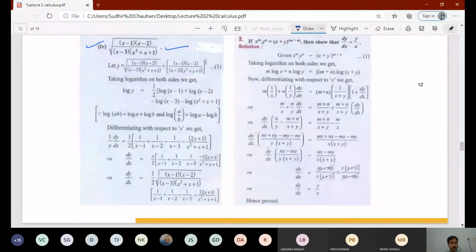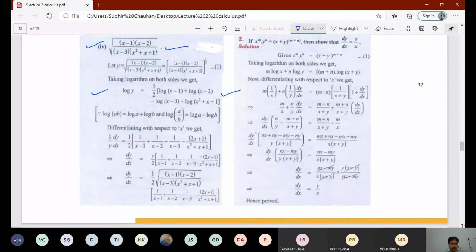Then we can write under root as 1 by 2 power, and then we have to take log. So log y is 1 by 2. Then we can apply the formula for logarithm, log ab upon cd. So it will be log a plus log b minus log c minus log d. And this is log m raised to power n, so it is n log m. So in that way we can expand it.